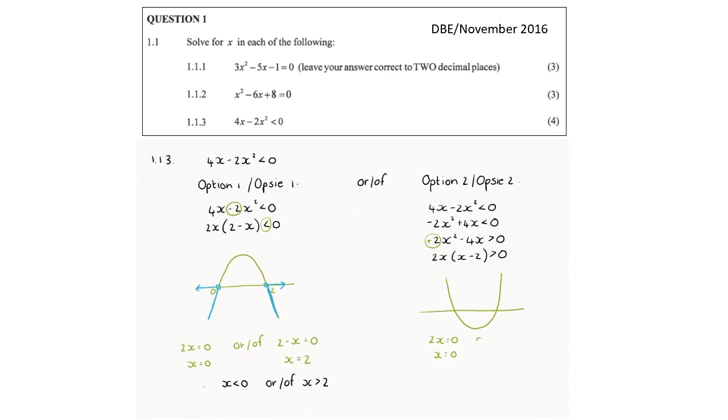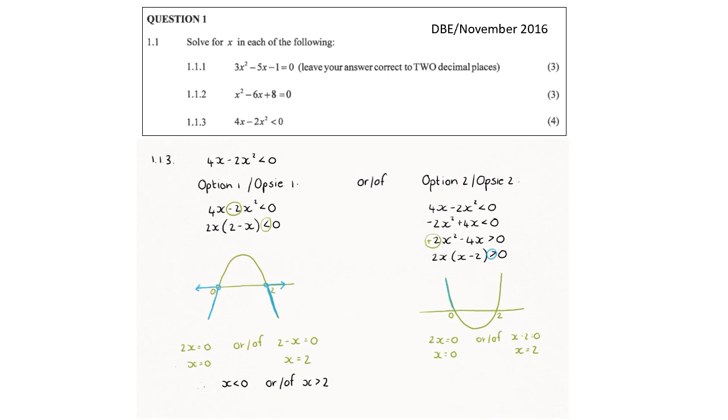So we take 2x, put it equal to 0, and that gives us x is 0. And if we take x minus 2 equals 0, it gives us x equals 2. And now the critical points are 0 and 2. And if we look at the inequality, it now says greater than 0.